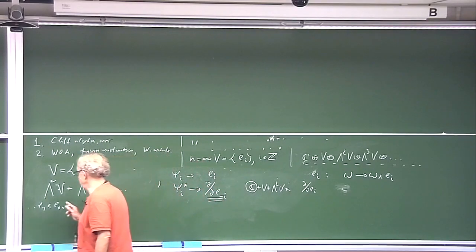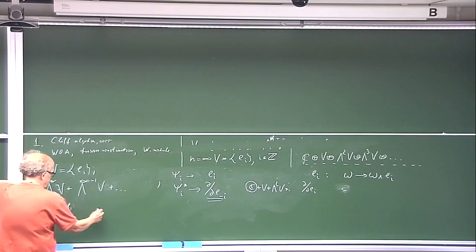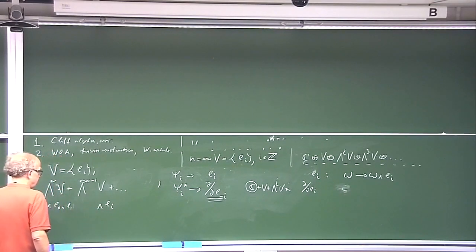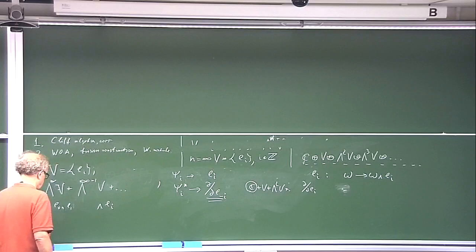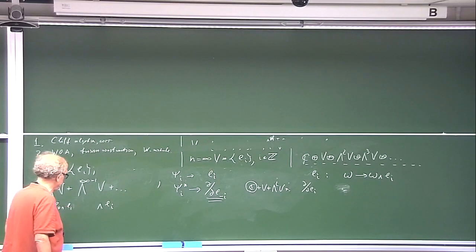And now, if I have this infinite product and take the product with e_i, it will be 0, because in this infinite product we already have such e_i, and if we take one more product, it will be 0.